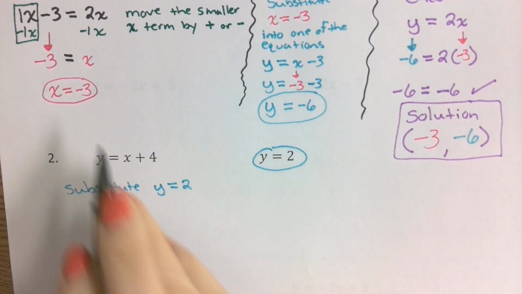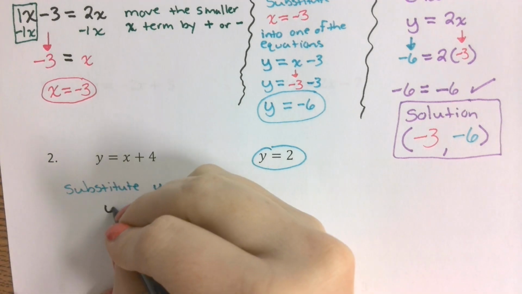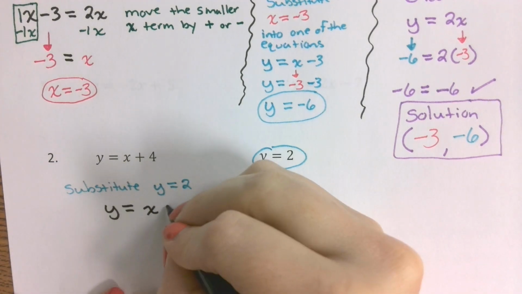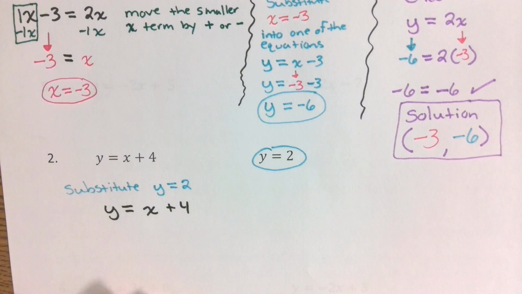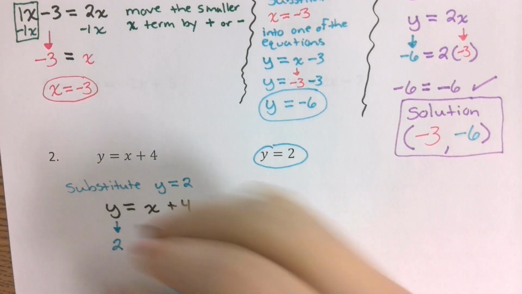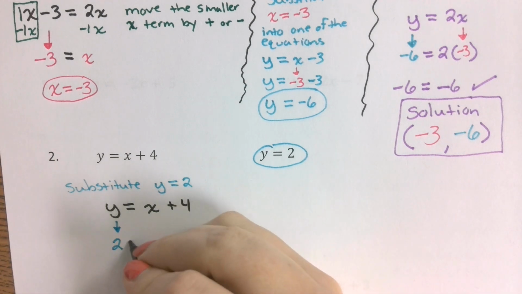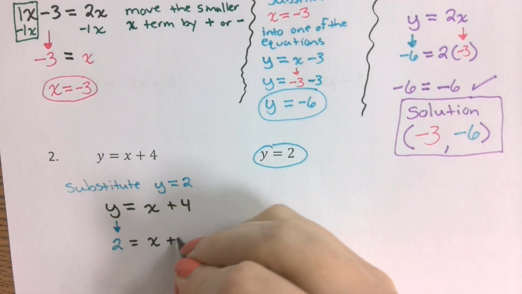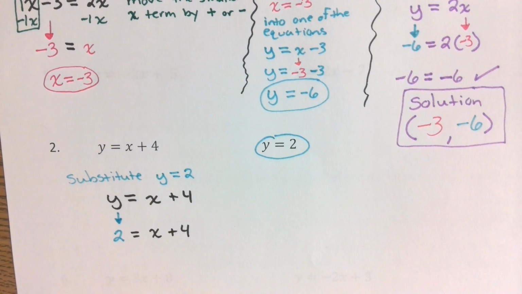So our original equation that we need to substitute it into is that y is equal to x plus 4. We're going to replace the y value with a positive 2. So we get 2 is equal to x plus 4, and then we're going to solve.